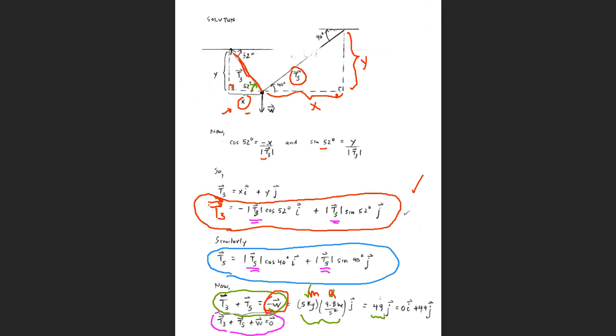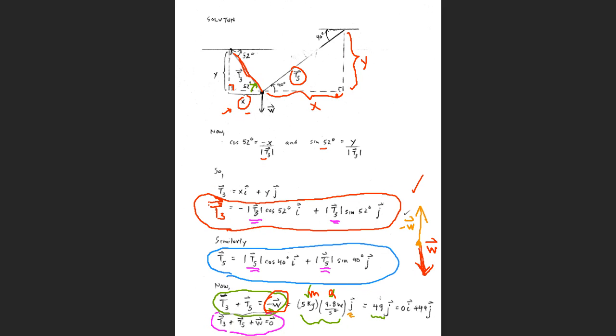The reason the negative goes away is that the W vector points downward, based on the picture. So the negative W vector would have to point upward in the positive J direction.